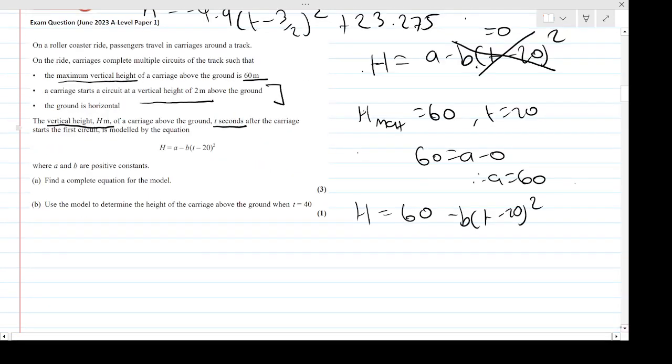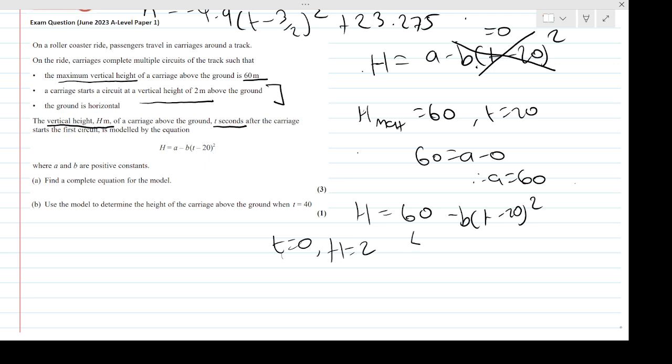But they've also told us the carriage starts a circuit at a vertical height of 2 above the ground. So it's talking about when it starts, which is when T is 0. Nothing's happened yet, so T has to be 0, and the carriage is at a vertical height of 2, so H is 2.